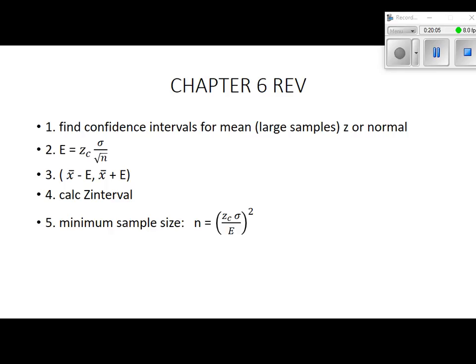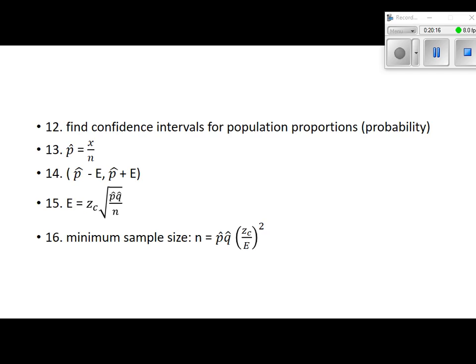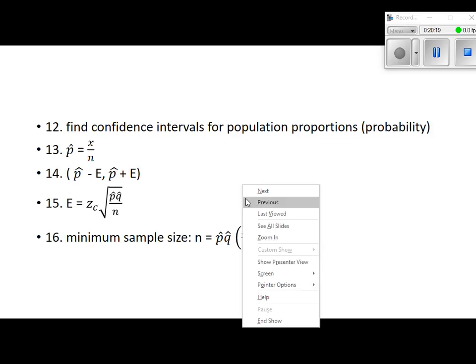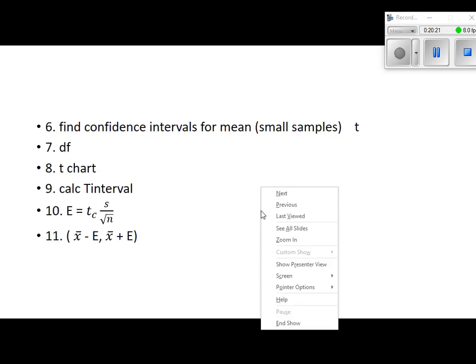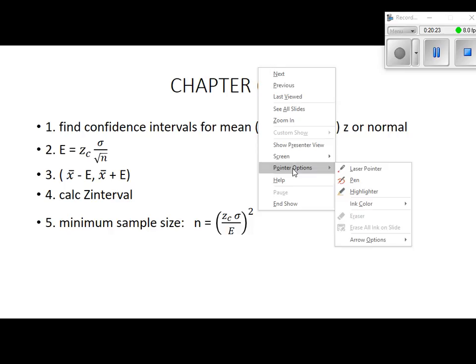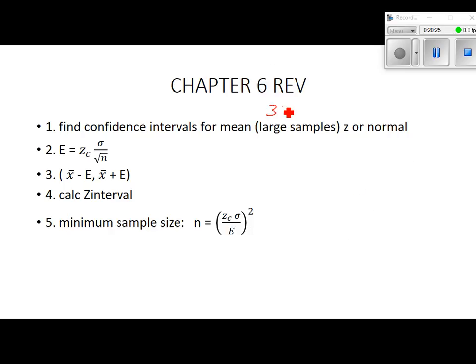Alright, so confidence intervals, way back at the start, confidence intervals for mean with large samples. Remember, a large sample is anything that's what? 30 or bigger. 30 or more. 30 or greater. Now with this one, you can also use this stuff, and this is your Z critical values.